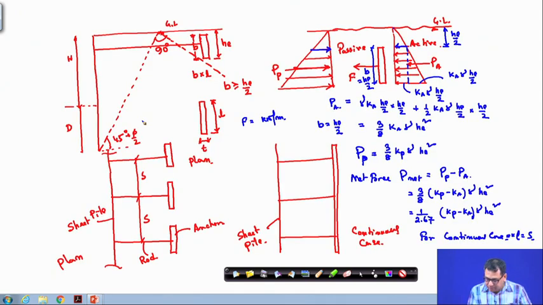If this is the L, P net is acting here. This is the B in the vertical direction and this is the F, this is the plan. So, this is the F which is acting. So, I can write this F into L as the total force.